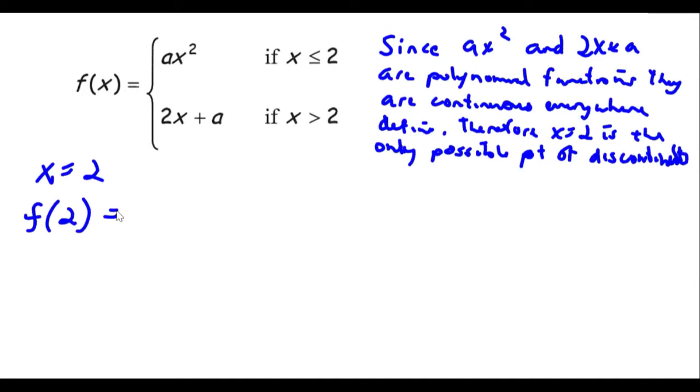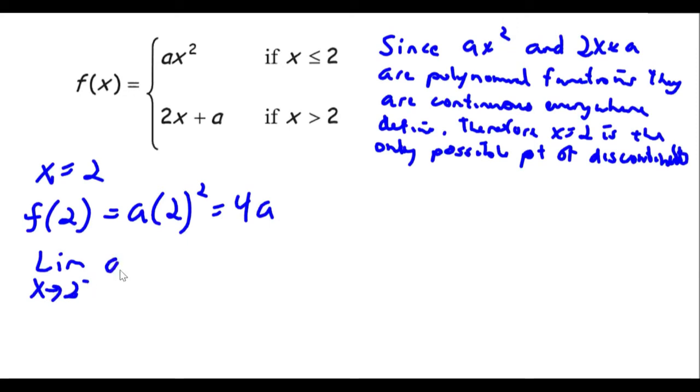Top equation, so it's going to be a, replace x with 2. Didn't get rid of the a, but that's okay. So it's going to be 4a. The limit needs to exist, so that means the limit as x approaches 2 from the left, which would be the top equation, must equal the limit as x approaches 2 from the right, which is the bottom equation.